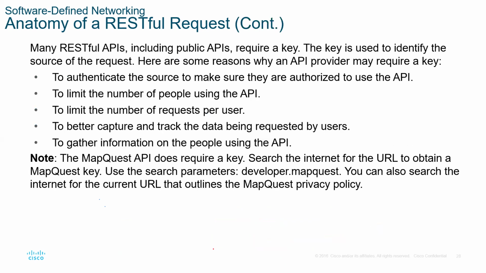Right. Then here are some reasons why an API provider may require a key. Number one, authentication, like I said. If you want to have a private API, then you need a private key. To limit the number of people using the API, to limit the number of requests per user, to better capture and track data being requested by users, and lastly, to gather information on the people using the API.